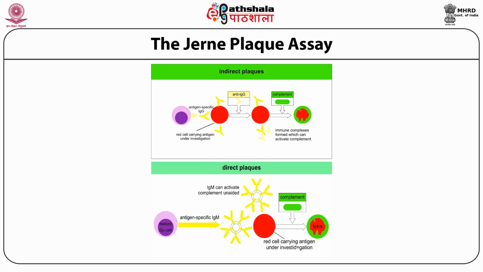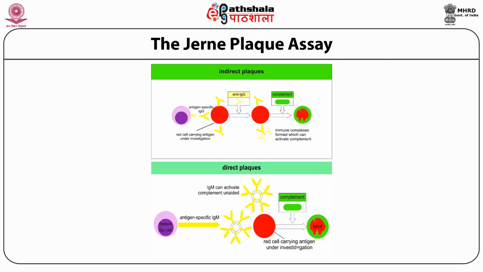Plaque forming cell assays are used to detect antibody forming cells. The assay in fact can be performed in three different ways. In the case of indirect plaques, cells producing antibodies to a particular antigen release it, whence it diffuses and binds onto antigens on red cells.